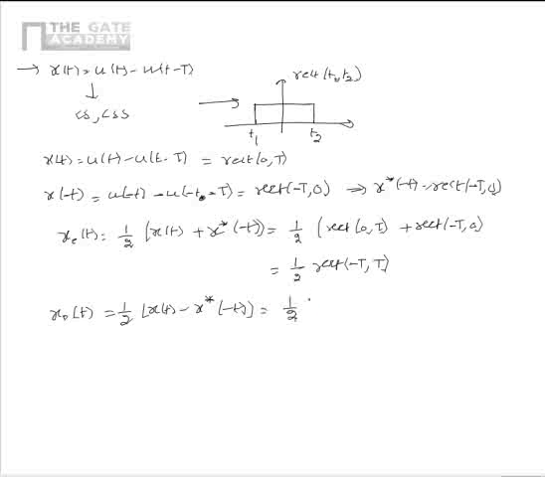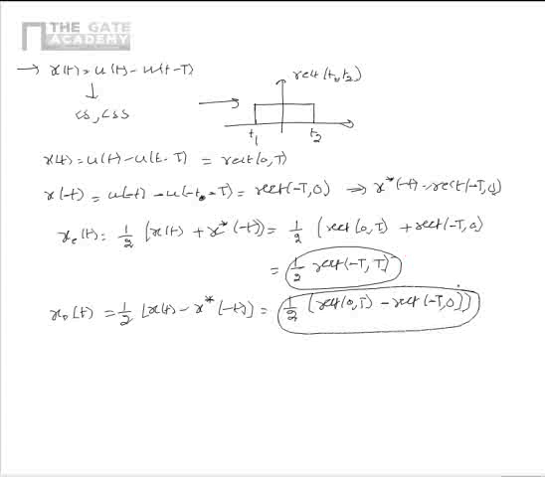This upon simplification becomes half rect of 0 comma capital T minus rect of minus capital T comma 0. So for the given signal, the conjugate symmetric part and conjugate skew symmetric part in terms of the given rect function are as shown.